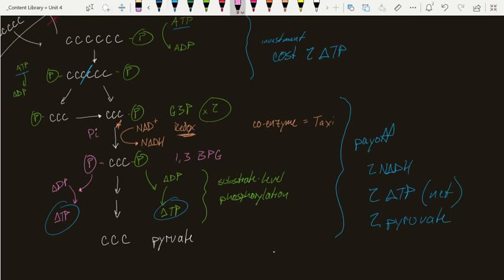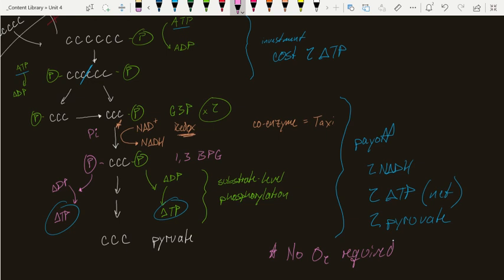First and foremost, we'll put a star down here, no oxygen required. That's what sets glycolysis apart from everything else. Glycolysis doesn't use oxygen and can run completely anaerobically.